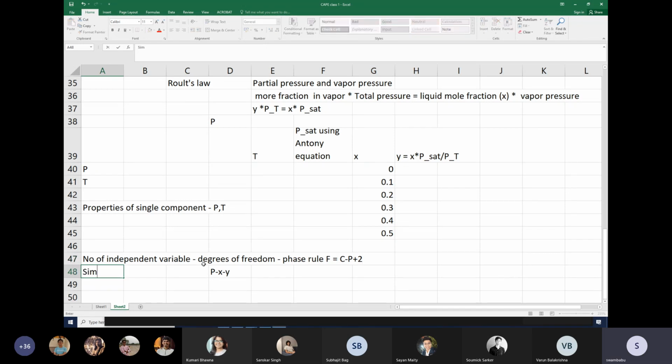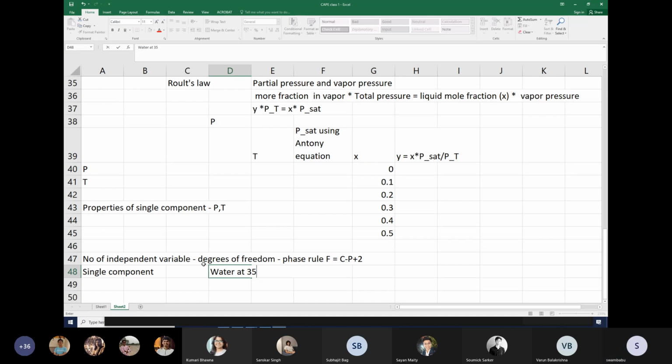So suppose you take a single component. Example, water at room temperature. Water at room temperature is liquid. Now let us say water at 35 degrees centigrade.